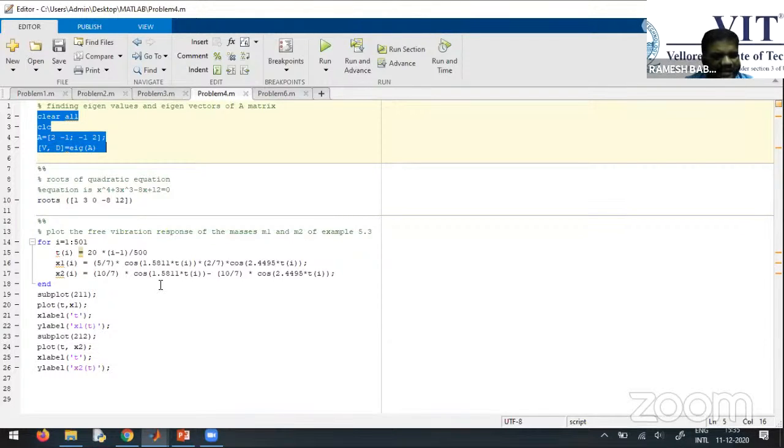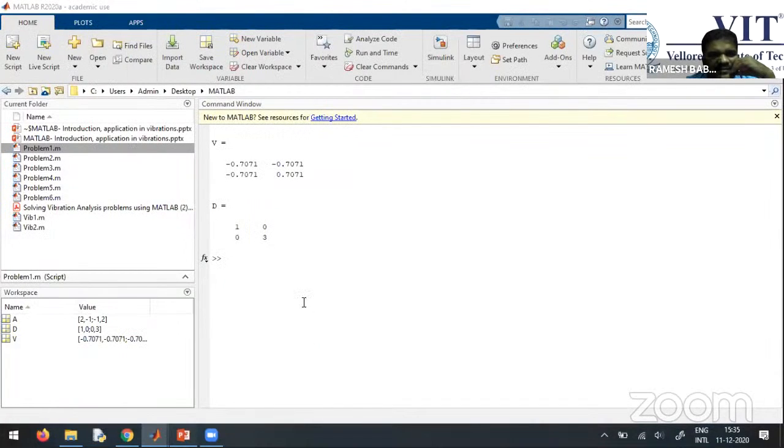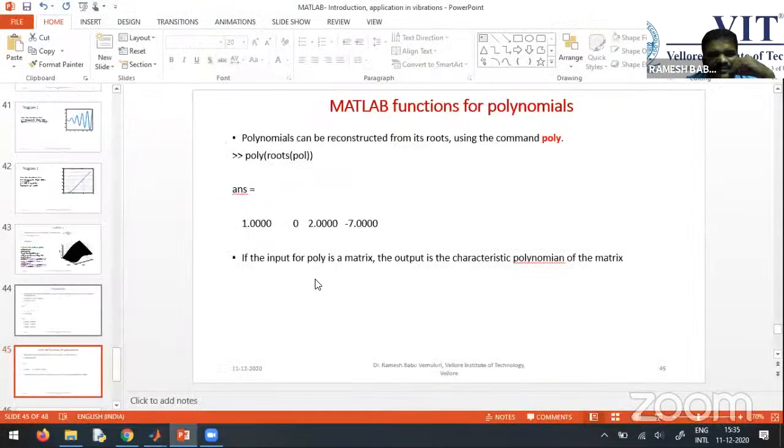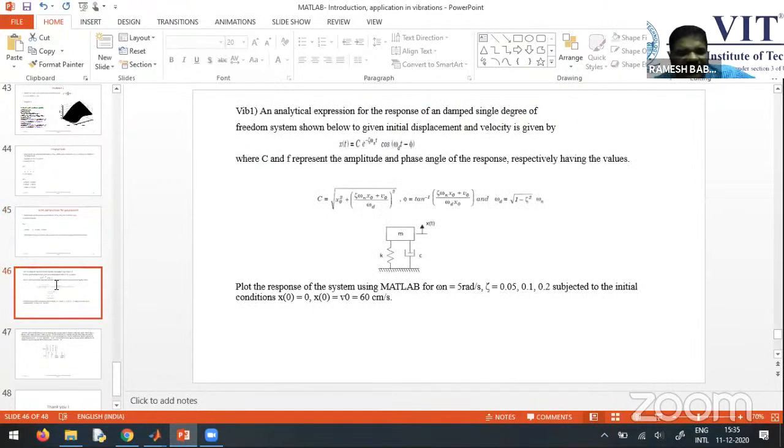Then this is related to one question. Now we take one vibration problem. An analytical expression for the response of an undamped single degree of freedom system shown below.